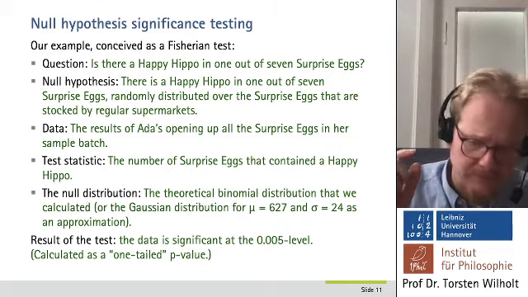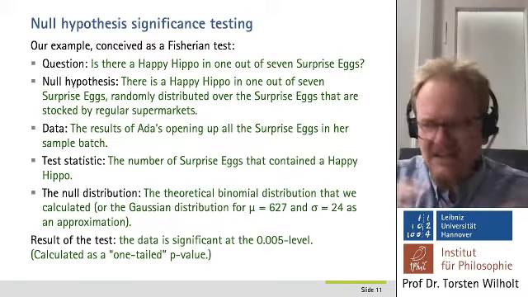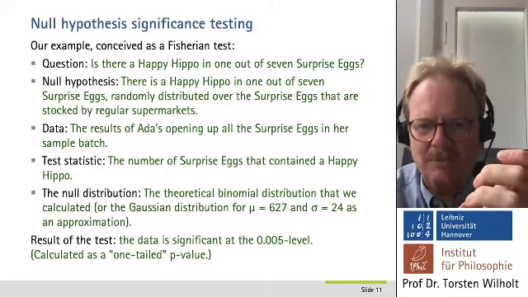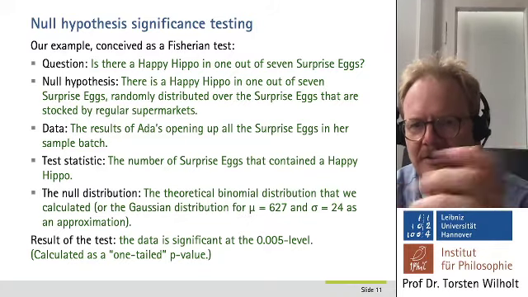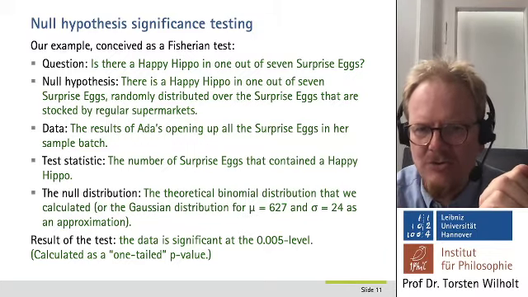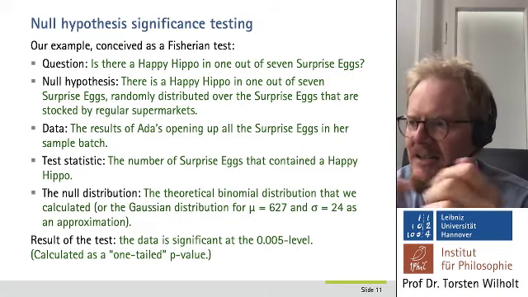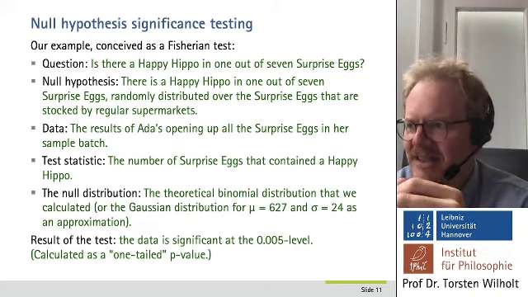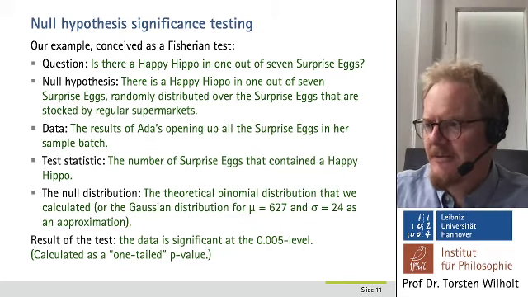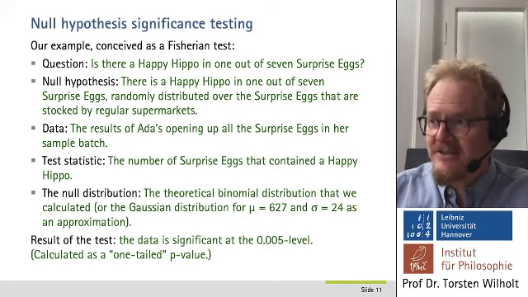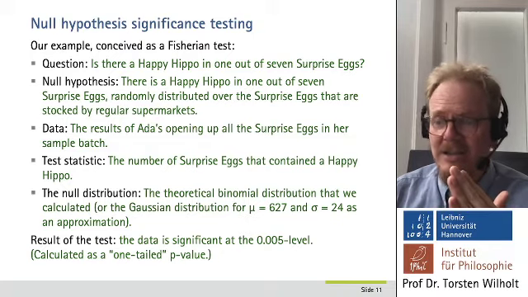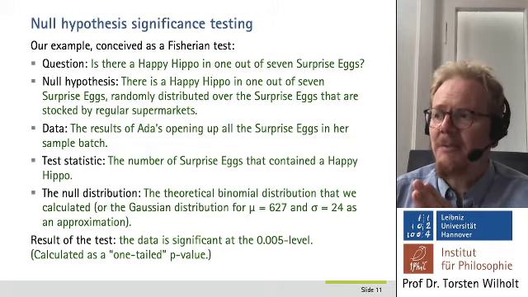So if Ada starts her examination by opening the first surprise egg, and she gets a happy hippo, and the second happy hippo, third happy hippo, and so on, all through the first 672 surprise eggs, and then in surprise egg 673, no happy hippo, and then no happy hippo anymore for the rest, in a way, and from a certain perspective that you can make mathematically precise, this is an extremely unlikely thing to happen.